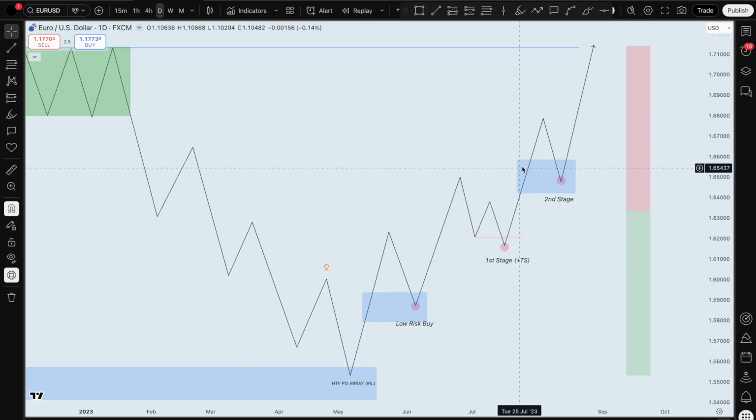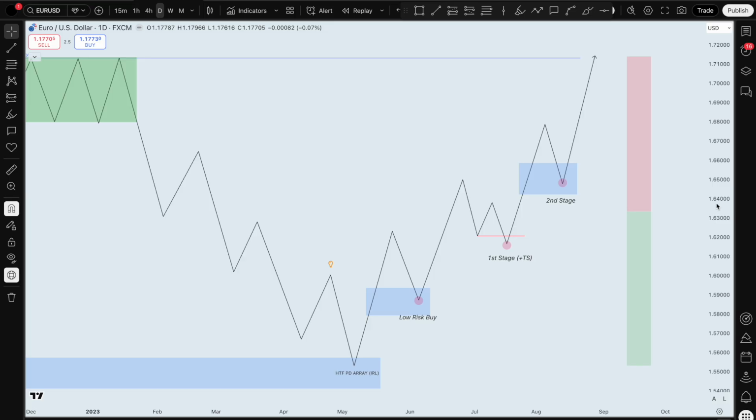Price will then leave a fair value gap or any type of PD area behind, and the second stage is going to be above the equilibrium, okay? So in premium. And that's really, really important. So listen carefully. You always want to enter when you see huge displacement higher around the equilibrium, and second stage is going to be above the equilibrium, okay?